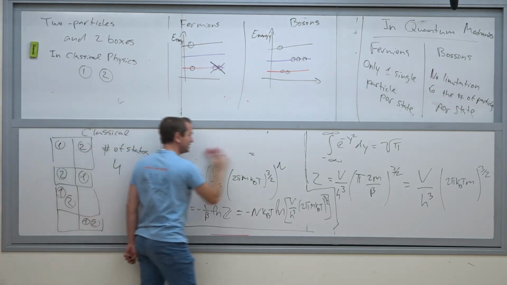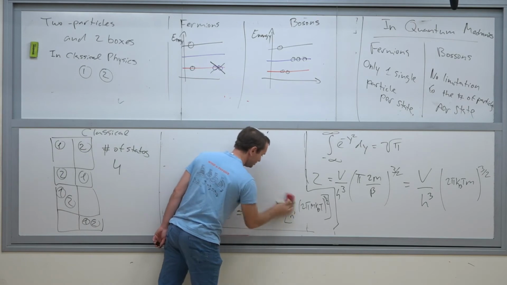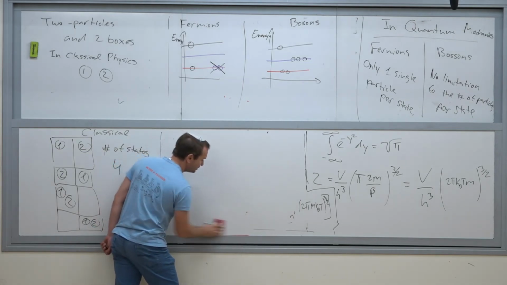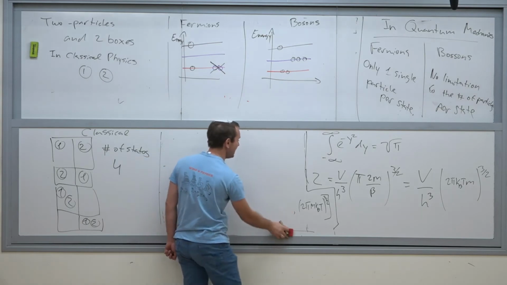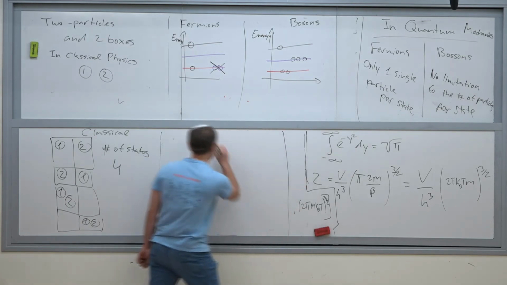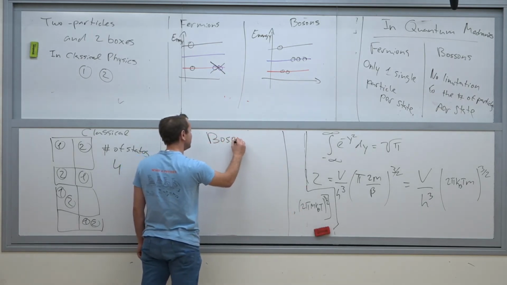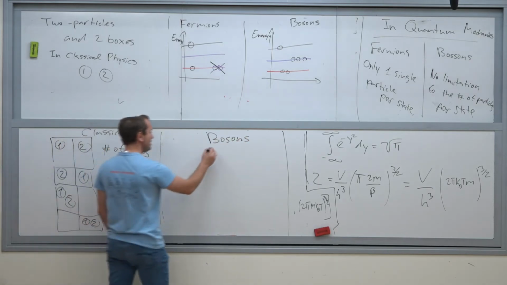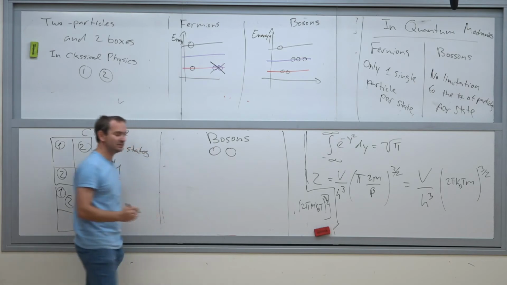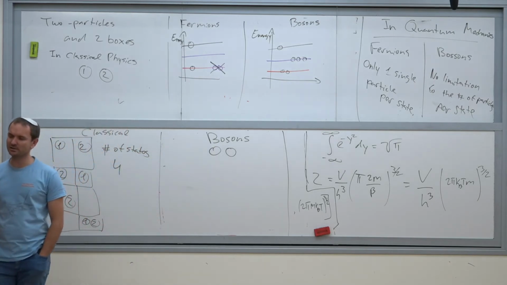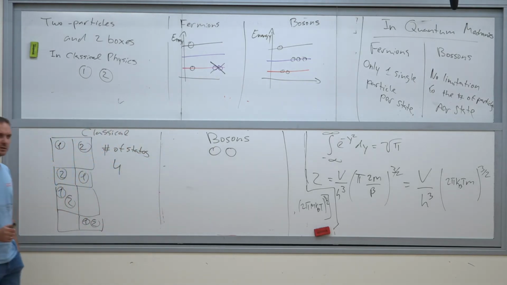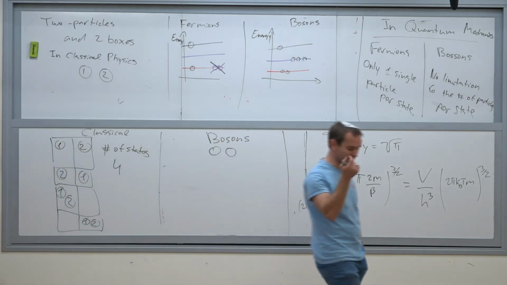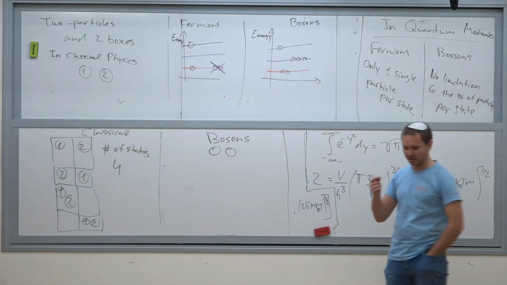We take the same system, two particles, two boxes, and look at how bosons should behave. Bosons can occupy each state, but they are completely identical. They are indistinguishable. I can switch two particles because, remember, I told you the wave function is symmetrical.